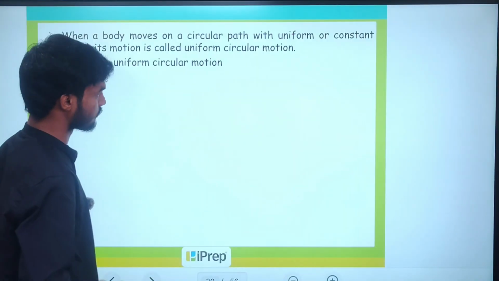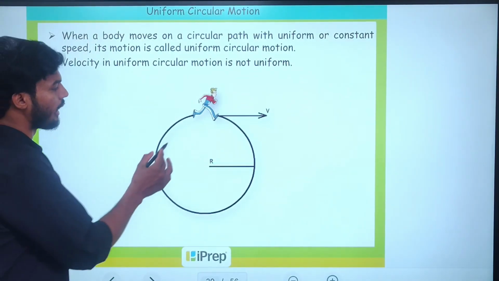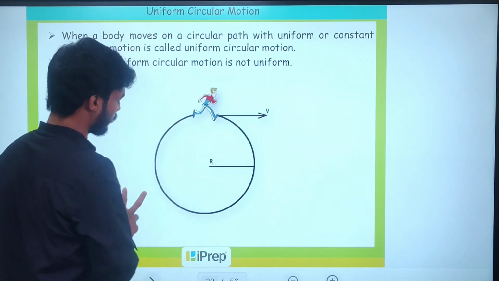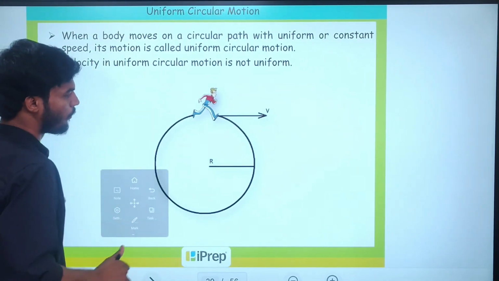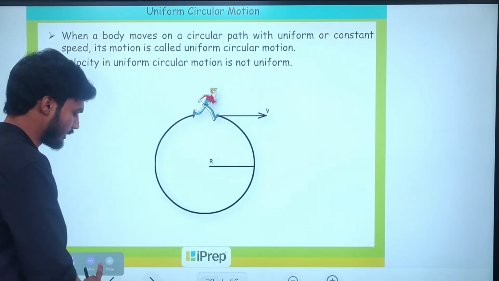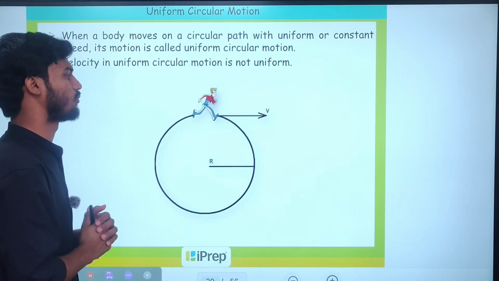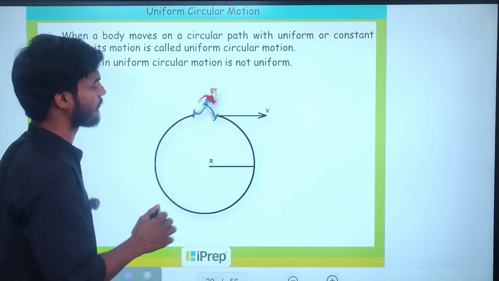Next, uniform circular motion. Uniform circular motion means a body traveling an equal distance in a circular path. For example, a man is running.